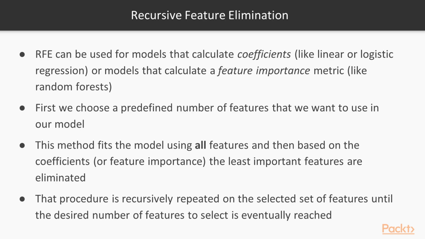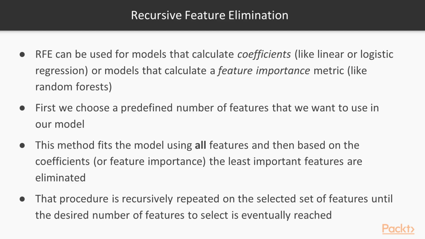For example, for KNN models, you cannot use recursive feature elimination. The first step in using this technique is to predefine a number of features that you want to use in your model. Now, after you have decided how many features you want to include, this method fits the model using all features.